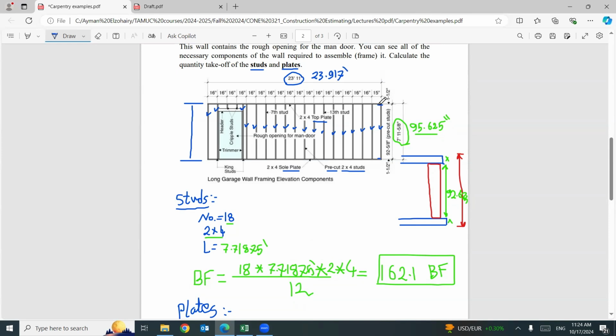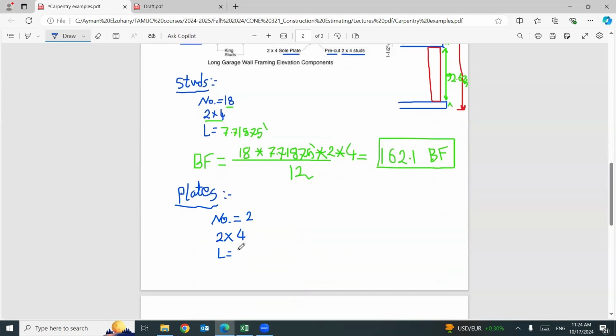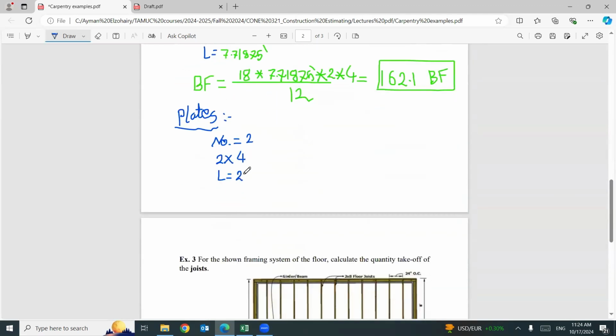This is the total length of the plate at the top and the same at the bottom. So how much board foot or board measure?